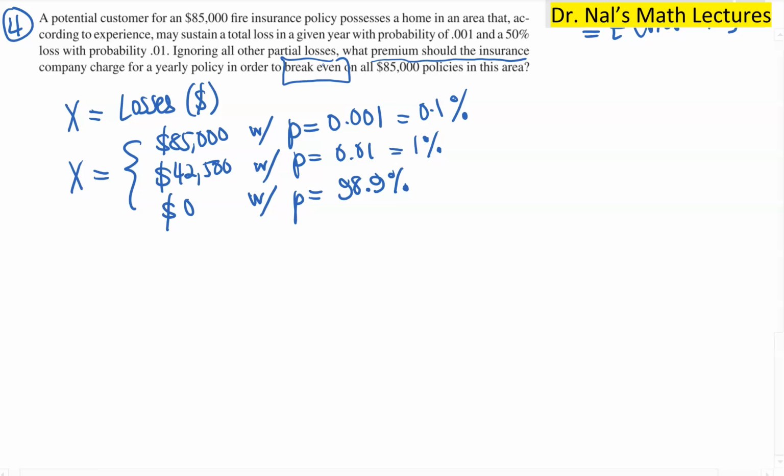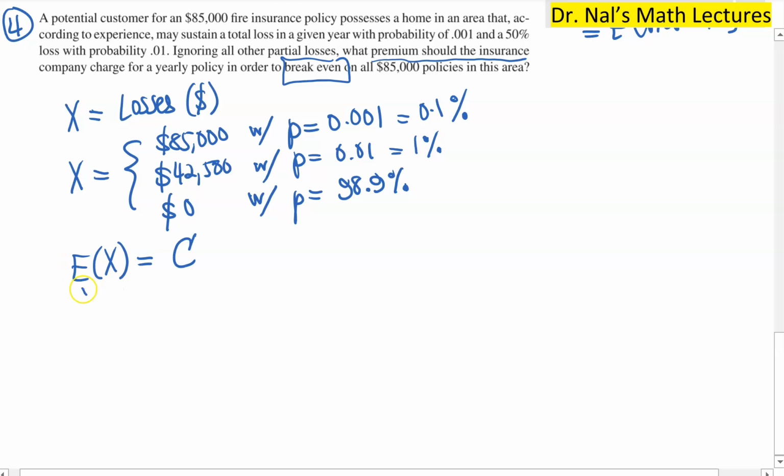So therefore, we are trying to make the expected losses equal to 0, right? That's our goal. So what should be charged so that that expectation should be equal to the amount we charge, sorry. Does that make sense? Let me explain what I mean.